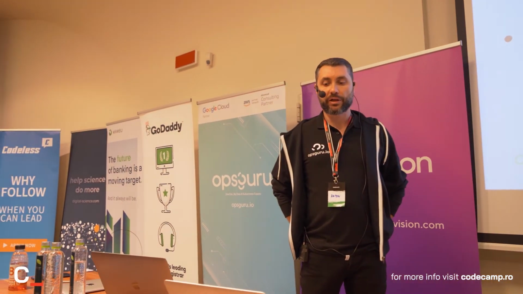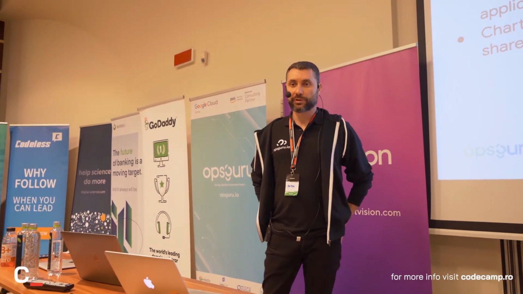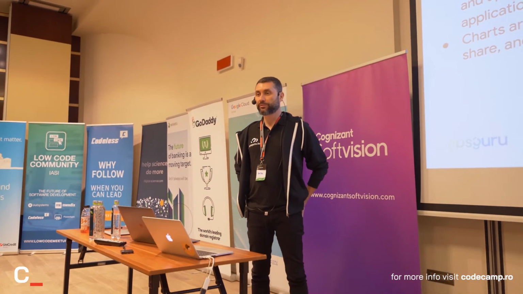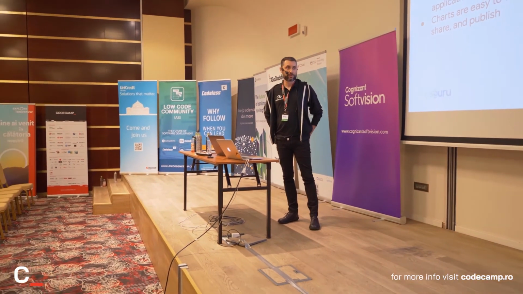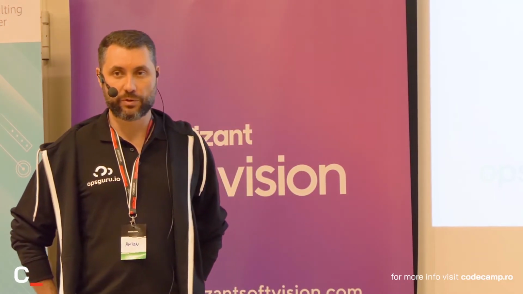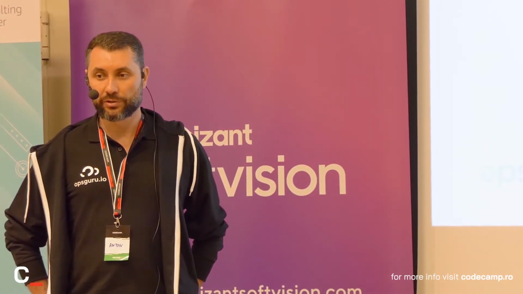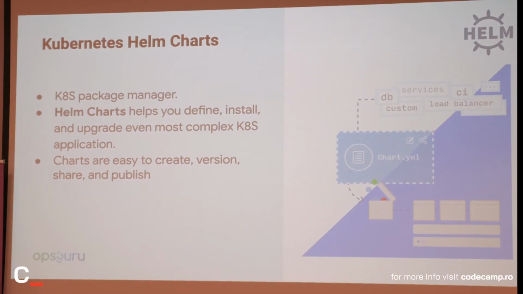To ease that process, the community has come up with a project called Helm, and Helm is similar in concept to package management systems you are familiar with if you're working with Linux, like RPM or different packages. What it does is it provides you with a templating engine to create deployment manifests by compiling your template with the values that you apply during deployment time.